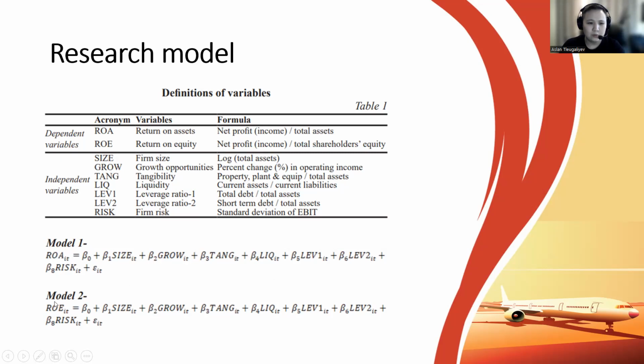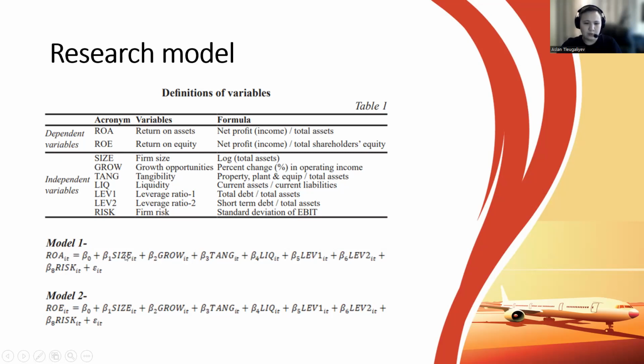ROA, ROE as a dependent variable equals a constant plus the independent variables listed in a row and an unobserved variable or error. What is error? Basically, for instance, we can say we could explain 100% of changes.